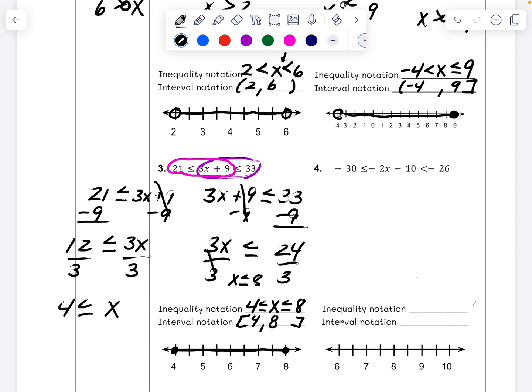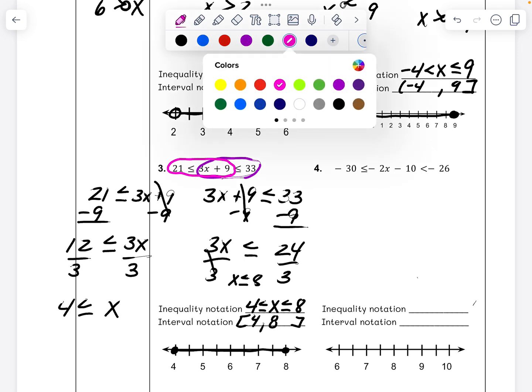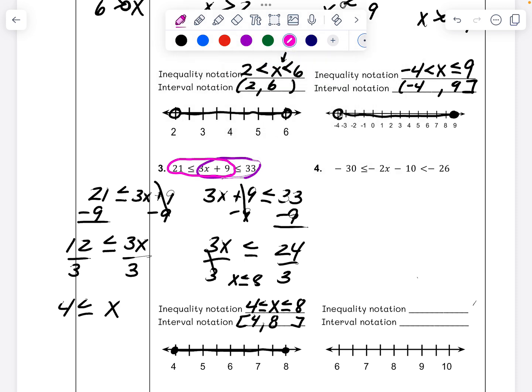Next, I am going to split up this inequality. So my first one will be anything to the left of the second inequality symbol. My second one will be anything to the right of the first inequality symbol. All right, so let's split those up. We have negative 30 is less than or equal to negative 2x minus 10.